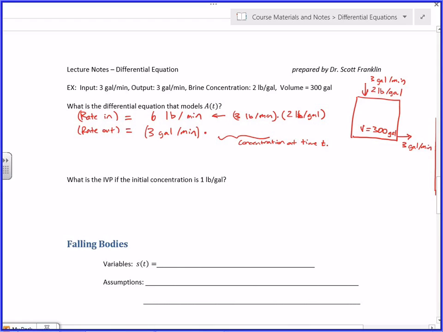You're making it too complicated. Because we know, I mean, at least we have a variable that represents the amount of salt at time t. Right? That's what A is. Right? That's what we set up here.